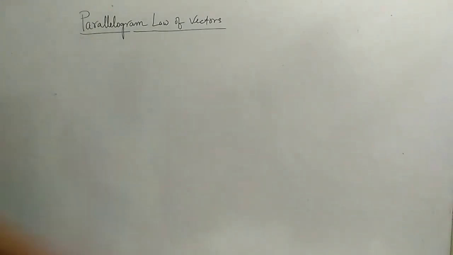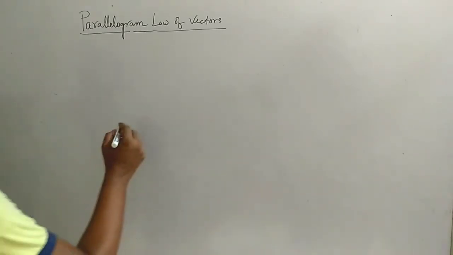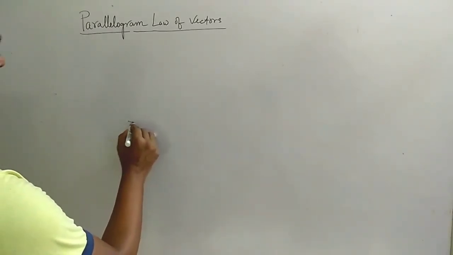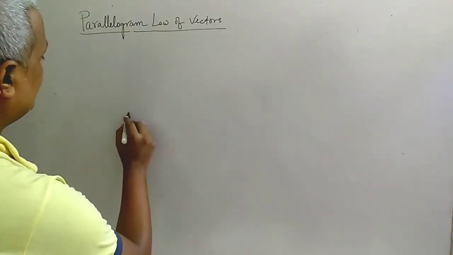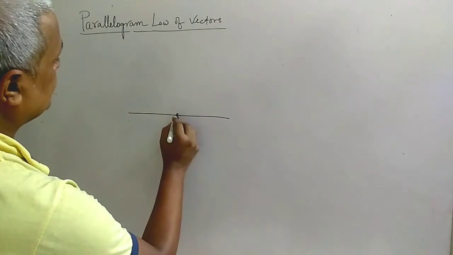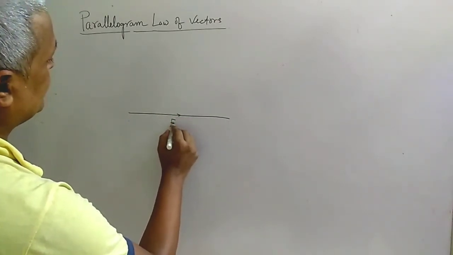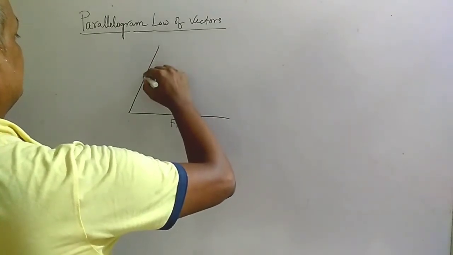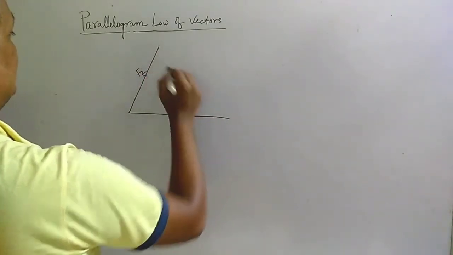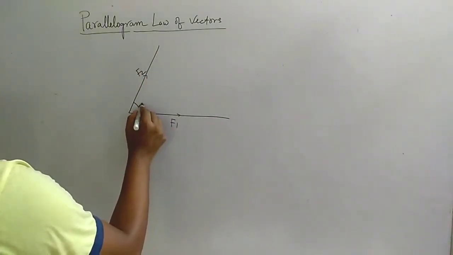So we will be using the parallelogram law of vectors, and it is something like this. Suppose that you have two forces. This is force 1, F1, and this is another force, F2, and the angle between them is theta.